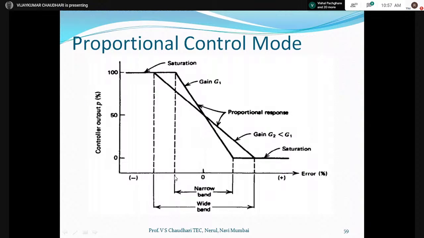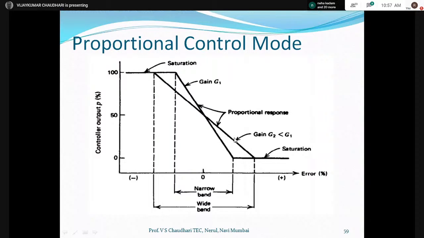You understand this? This is the value of error below the set point, right? And if the gain is G2, output will be less than 100%, whereas for this error, if the gain is increased to G1, output will be 100%.